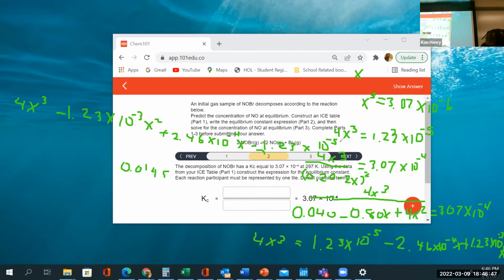Yes, okay, that's exactly what I was doing, but I don't know how to solve it. I know how to do it by grouping, but kind of.